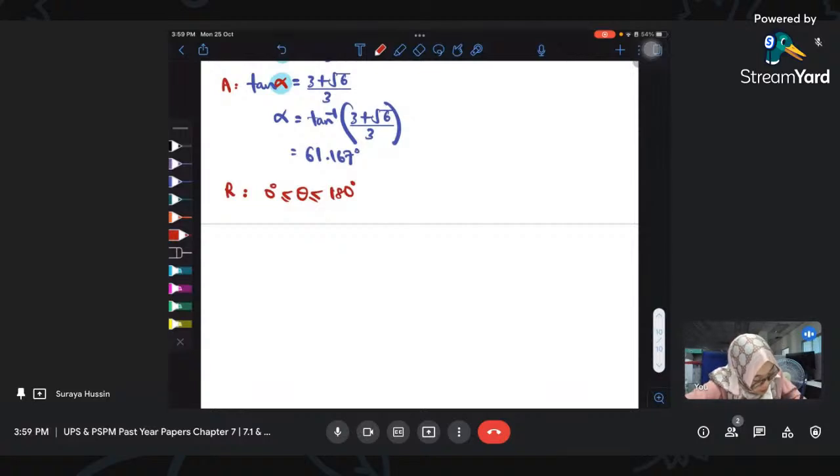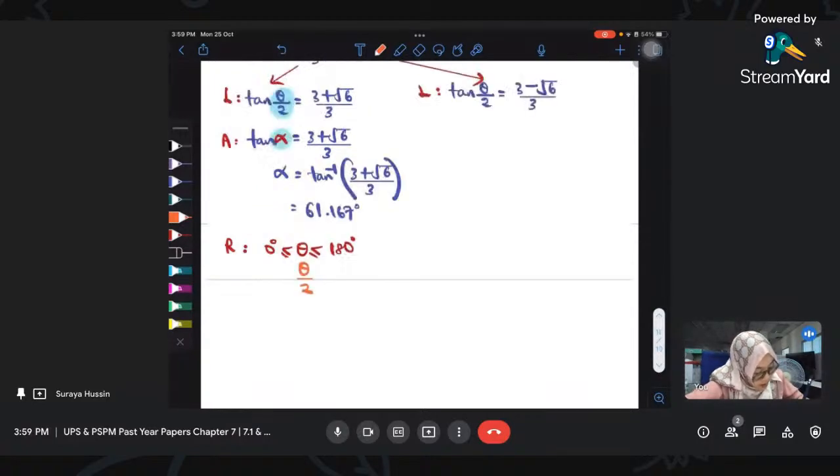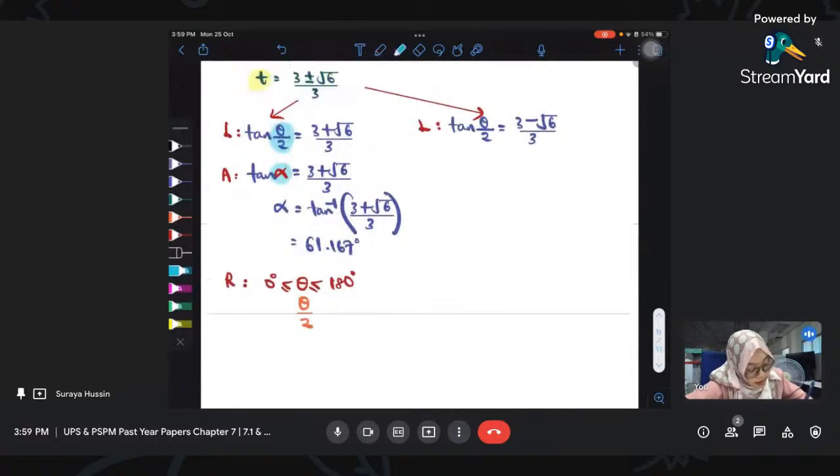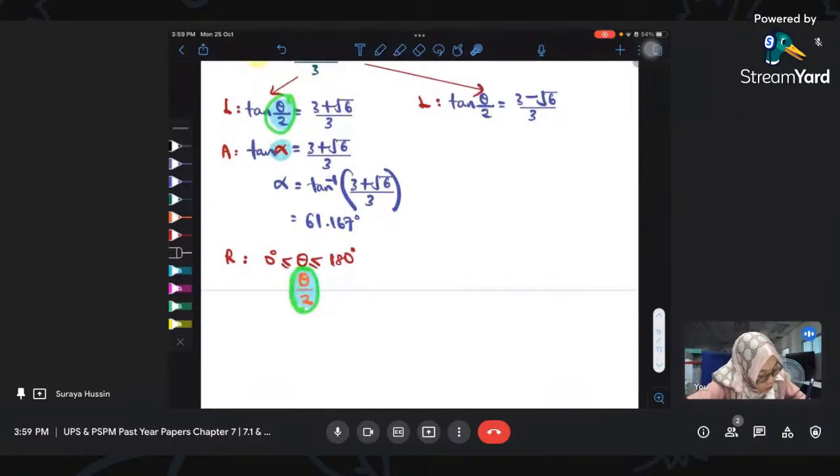Tapi kita kena faham kita punya alpha, our alpha is theta over 2 over there. This is our theta. This is our alpha, so we gotta change that. Our range, we must change it. And so we got a new range, which is 90 degree.